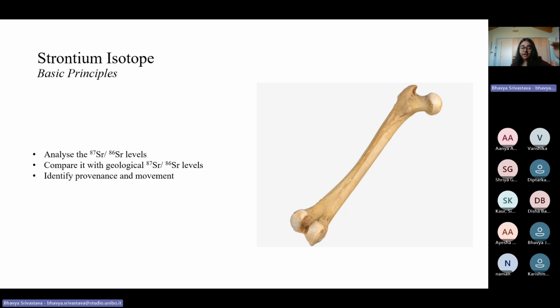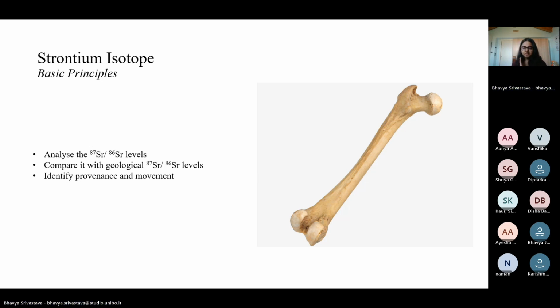If it's the same, that means the bone would have been extracted from that region. The organism would have lived in that region. They would have consumed plants and water from that area, and therefore the strontium concentration in the body of that organism is similar to the naturally occurring geological strontium in that region. That is the basic principle of identifying provenance and movement using strontium.